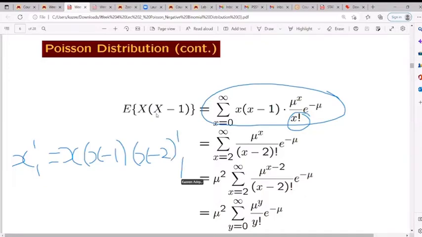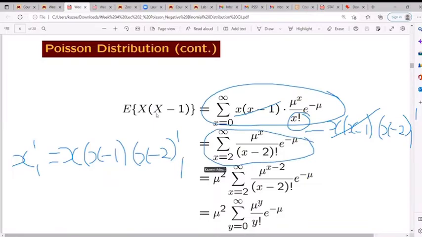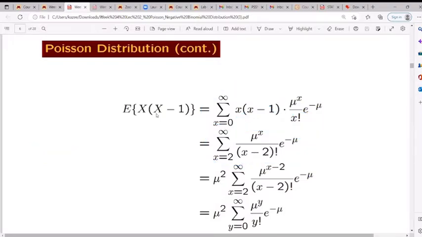If I put that in, x into x minus 1 is automatically going to cancel out, and that is how we arrive at this. But you are not going to have x starting from 0 anymore; you're going to start from 2, because you have x minus 2.